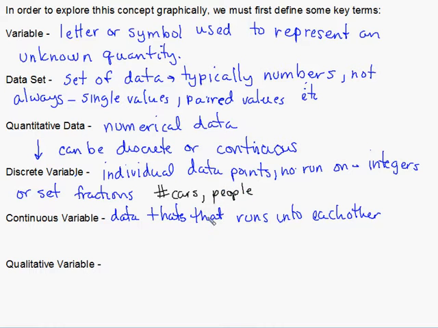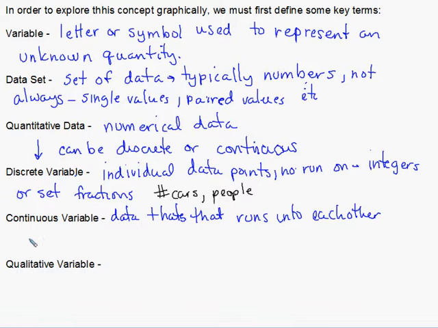You have a person, or you have two people, or you have no people, but you don't have 0.25 of a person. Unless you're Dexter. But we're not Dexter, so we can't have 0.25 of a person, right? So these are discrete variables, things that are like you have it or you don't. There's nothing in between. They're not running into each other.